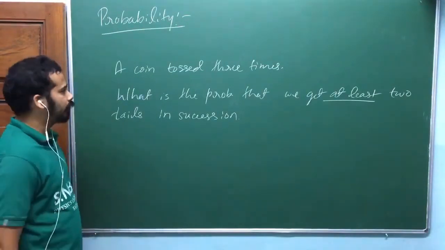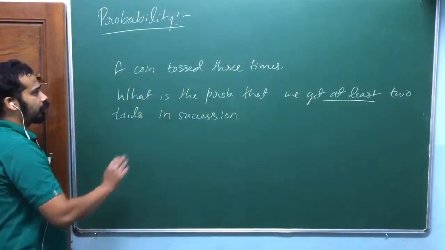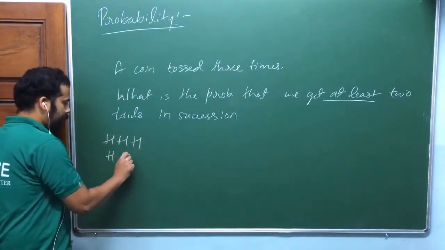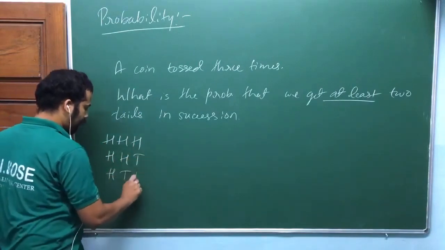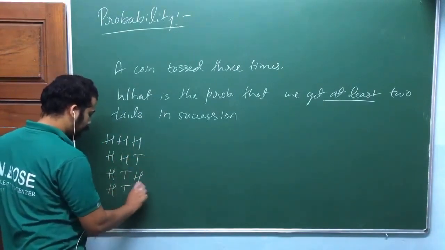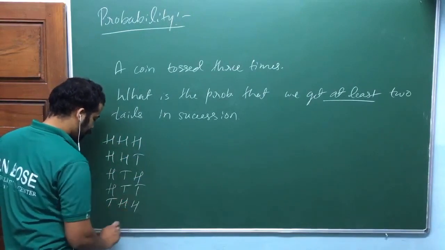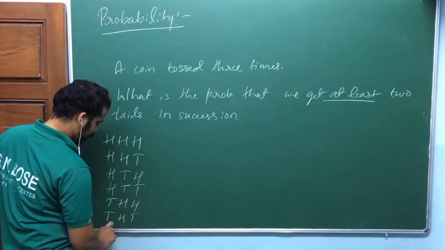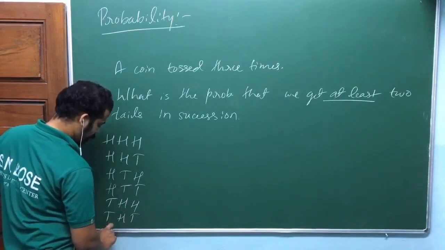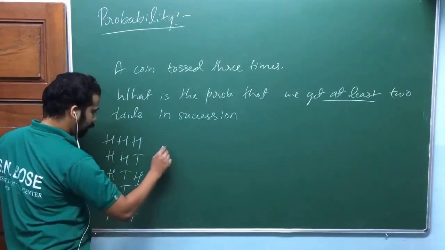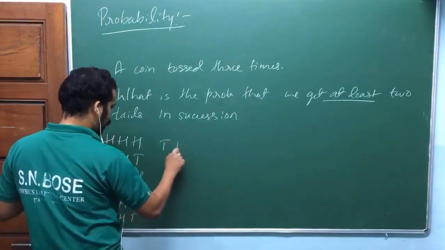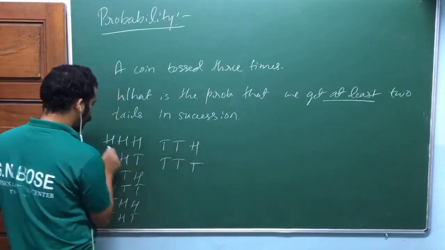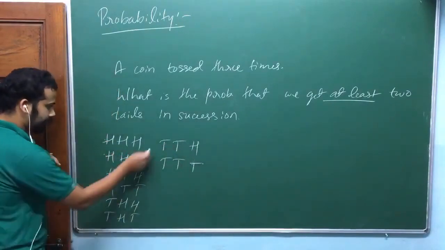Now I'll go for the sample space. The coin is tossed 3 times. Head, head, head; head, head, tail; head, tail, head; head, tail, tail; tail, head, head; tail, head, tail; tail, tail, head; tail, tail, tail. How many? 1, 2, 3, 4, 5, 6, 7, 8.